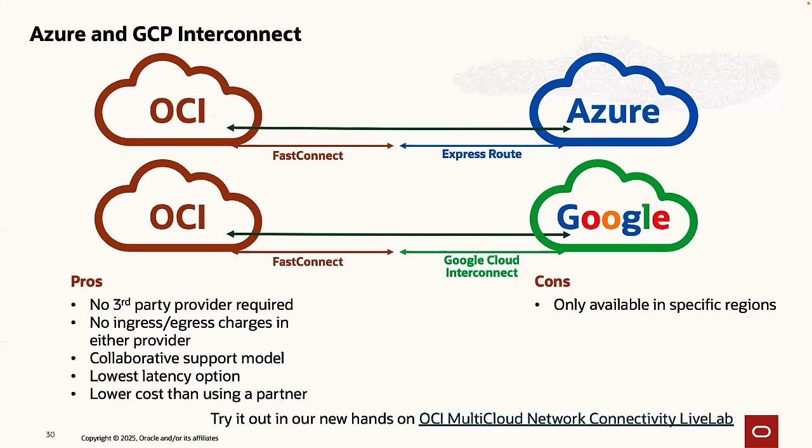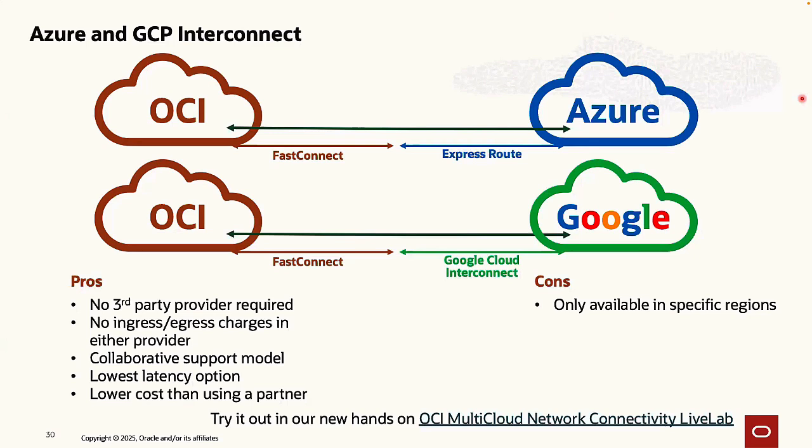So the pros are, you don't need to have a third-party provider. Earlier, without this interconnect, if you had to connect to Azure and you'd like to have higher bandwidth and lower latency, the option was to go to a partner like Equinix or Megaport and do multi-cloud as an option.